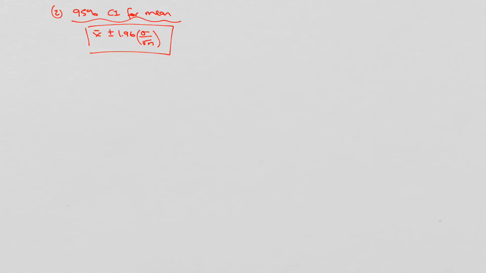Remembering that our standard error of the mean is on page 34 in your maths tables, whereas this formula for your 95% confidence interval is not in it. The only thing in your maths tables is the sigma over the root n. Okay, so let's put that in.